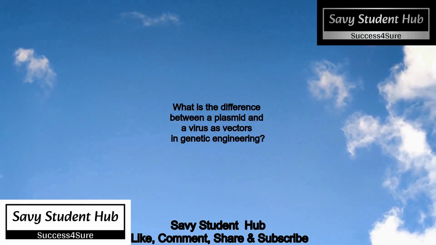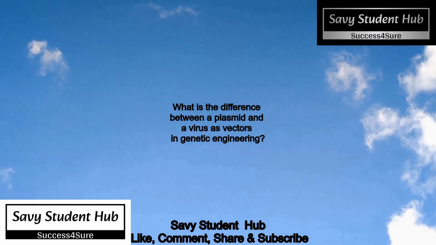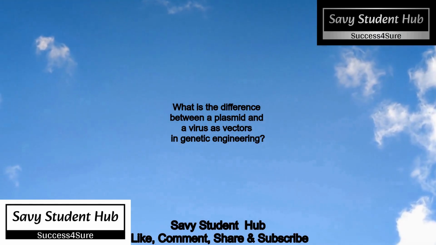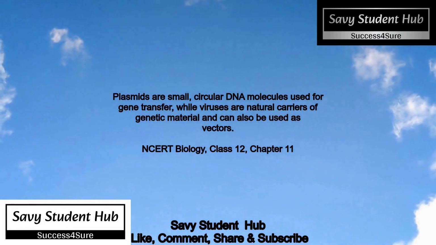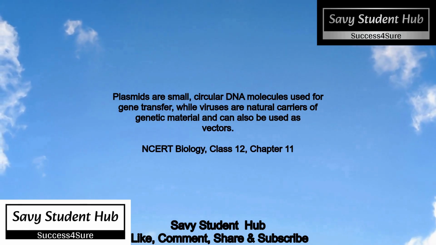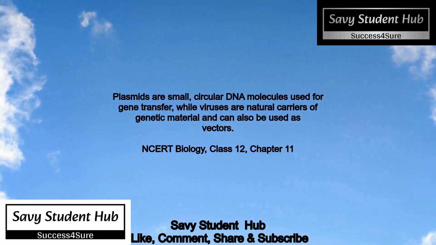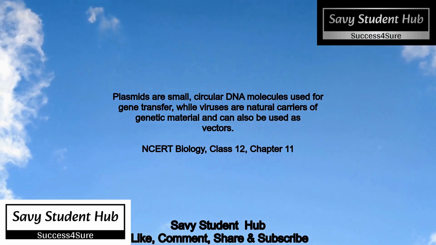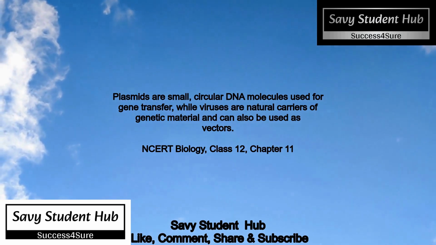What is the difference between a plasmid and a virus as vectors in genetic engineering? Plasmids are small, circular DNA molecules used for gene transfer, while viruses are natural carriers of genetic material and can also be used as vectors.